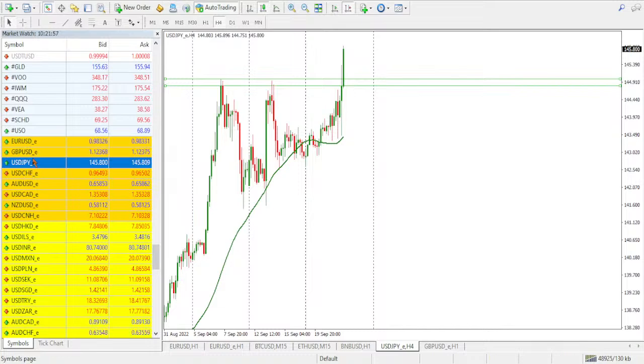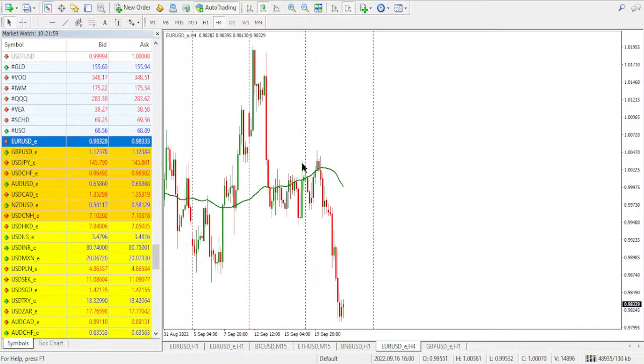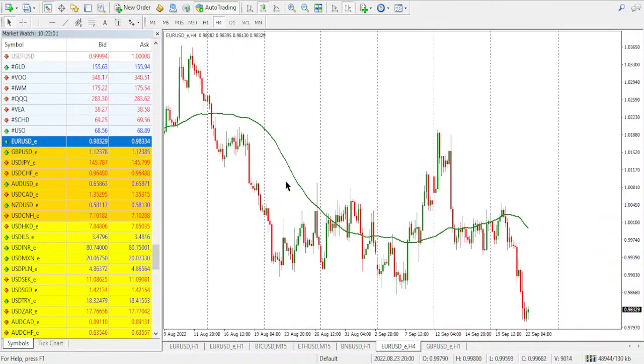My next chart is Euro USD. This is a downtrend. So we've seen price continue to the lower side. The price even went below this support. This is a very good support level that the price has been using for some time now.